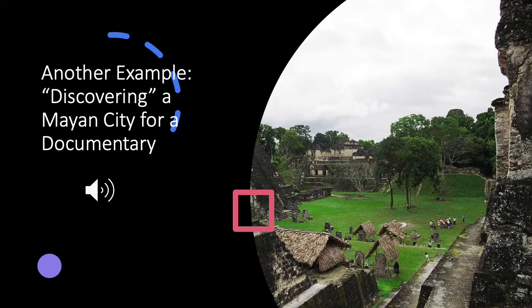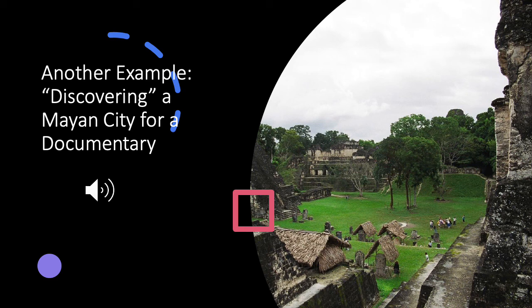Okay, this slide's going to have 3 audio clips, but bear with me. I had another story to really illustrate what I mean by the colonial politics of this concept of discovery. And this comes from a colleague of mine, an archaeologist who worked at Brandeis. He talks about how when he did these documentary films, because a lot of people get really excited about archaeology and they want to watch these documentaries about these ancient finds and hidden places.